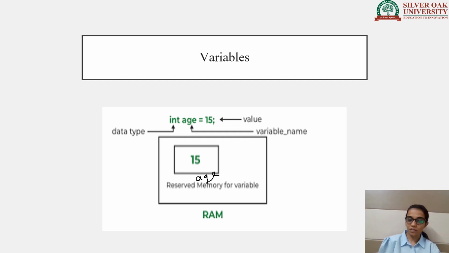That is fixed in my RAM. This is both a declaration and a definition. We can also just declare it, simply writing integer age without defining its value. This is also considered writing a variable, but it is only the declaration part. I'm not defining its value, and I can define it further in my function. So that is the variable.